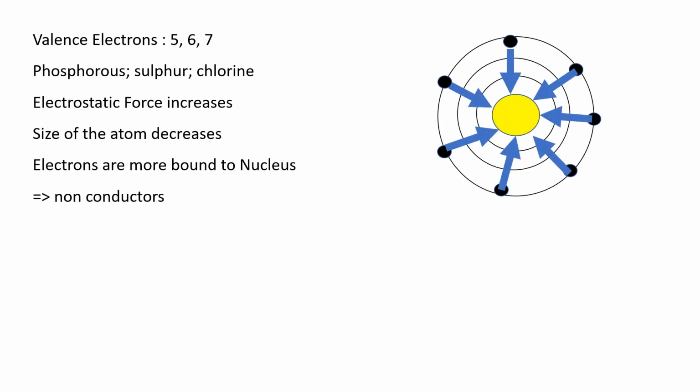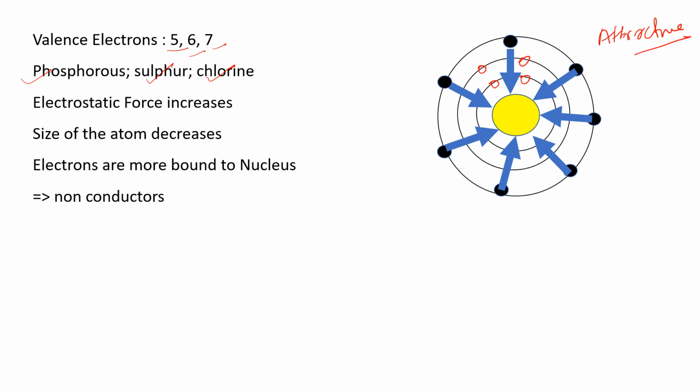Coming to the atoms with more than 4 valence electrons, here we have phosphorus, sulfur and chlorine with 5, 6 and 7 valence electrons. Since there are more valence electrons, electrostatic attraction also increases. And the electrons in the inner shells will have to counter more electrons.